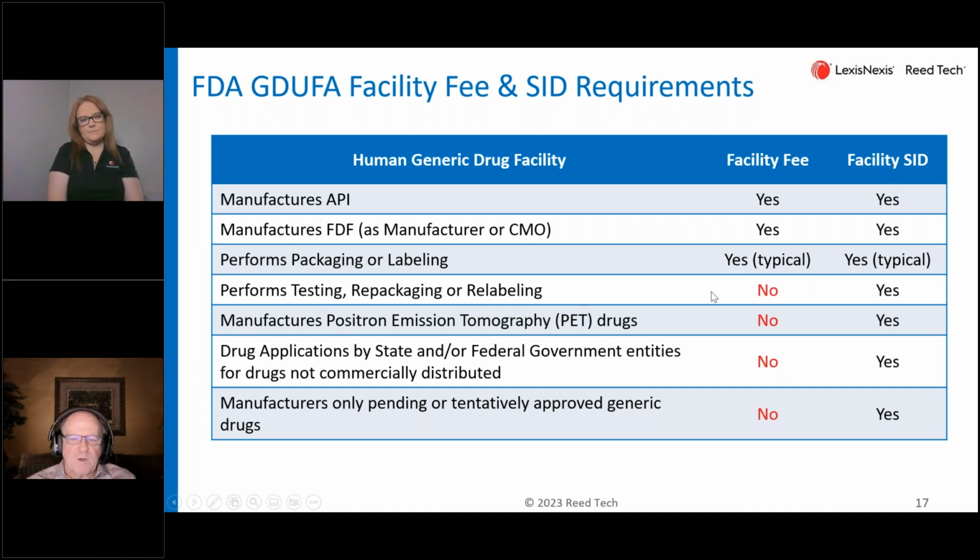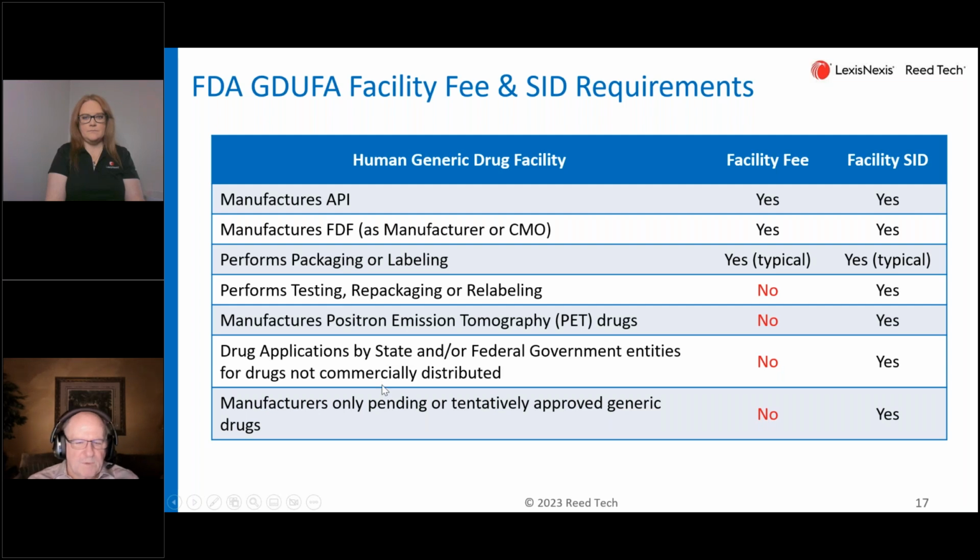Now, this is where it gets a little tricky. The FDA carves out those facilities that are performing testing, repackaging, or relabeling, and indicates that they do not have to pay a facility fee, but they still have to self-identify their facilities. And then there are some other scenarios. We won't go through all those.